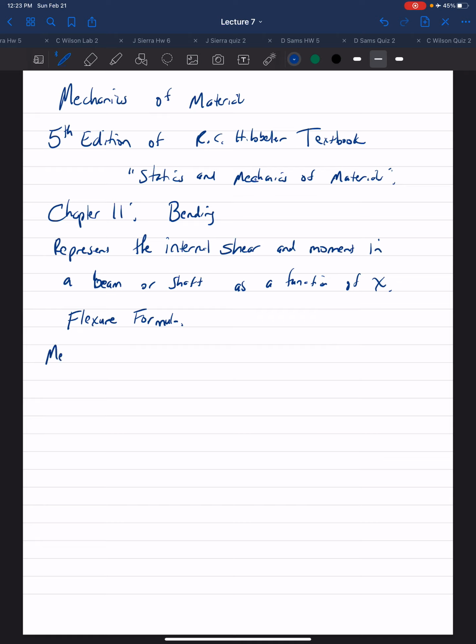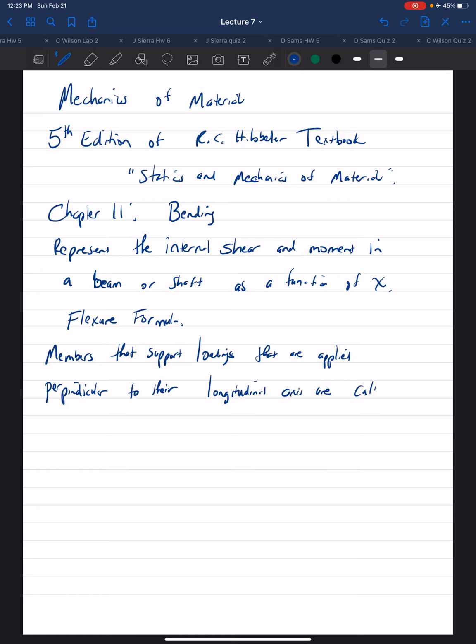So members that support loadings that are applied perpendicular to their longitudinal axes are called beams.